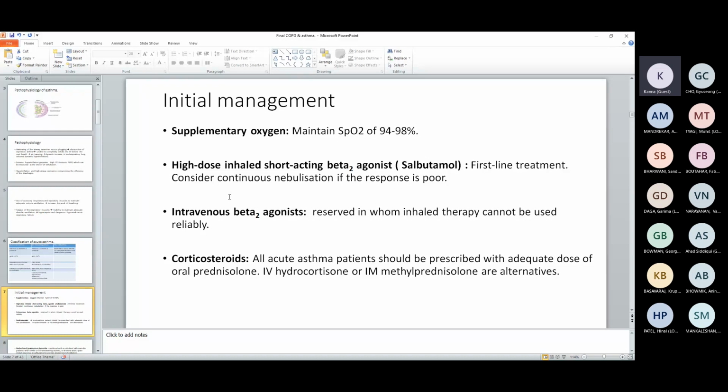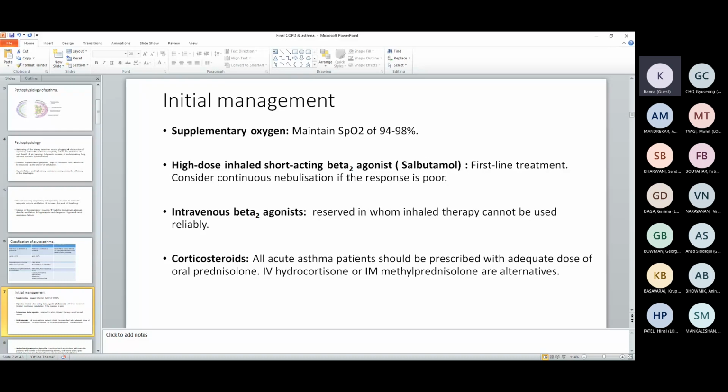We should start with supplemental oxygen in all patients who are hypoxic in acute severe asthma. They should maintain a target SpO2 of 94 to 98%. Salbutamol, the short-acting beta-2 agonist, should be started by nebulization. That is the first-line management.